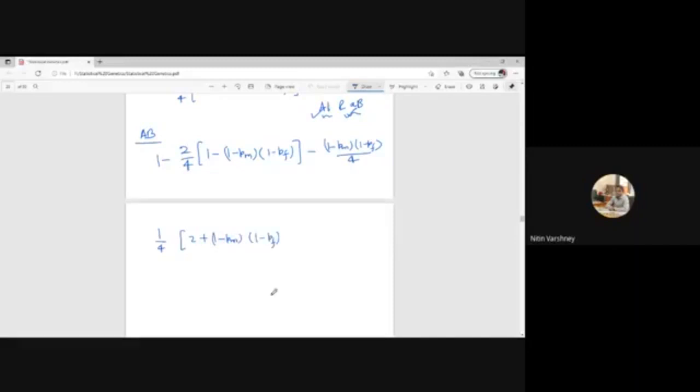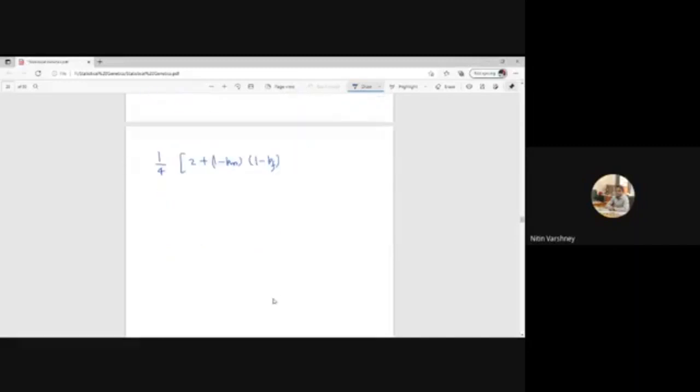Okay, now if I consider that Pm is equal to Pf is equal to P, means the recombination probability of male and female is equal, then our aabb type will be 1 minus P, 1 minus P divided by 4.